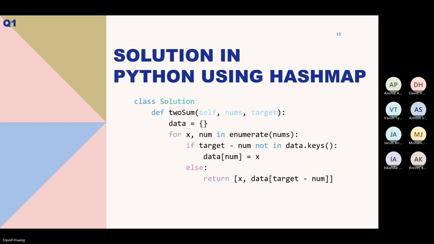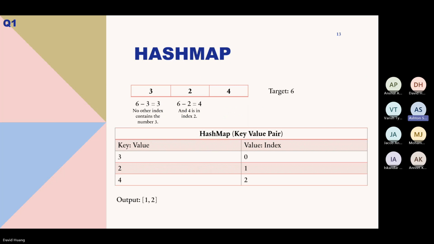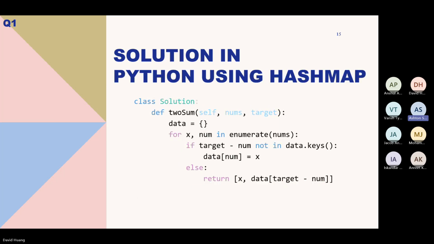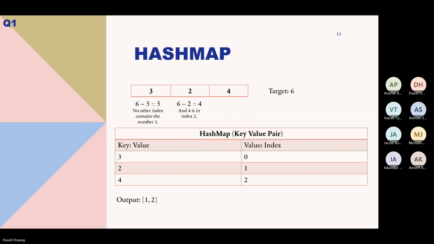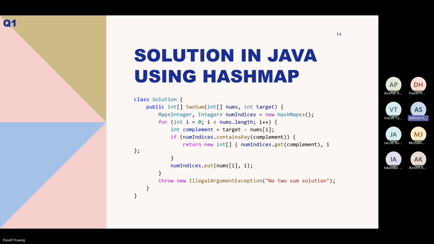Then we're going to have this conditional. Say the target is 6, like this example. If target minus num is not in data.keys, then we're going to add that to the dictionary. Target minus num in the first iteration is 6 minus 3.